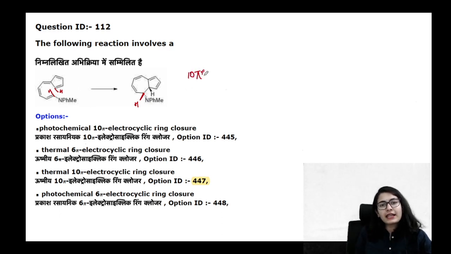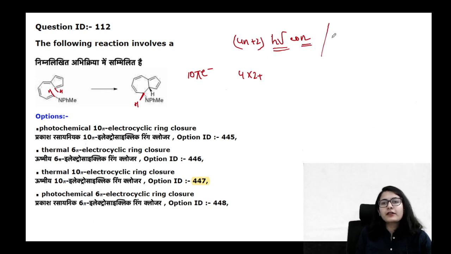Guys, 10 pi electrons classifies into the 4n plus 2 pi electron system, right? 4n plus 2 is photochemical conrotatory, and 4n plus 2 thermal disrotatory motion. This is the rule from the Woodward-Hoffmann rule, right? So 4 into 2 plus 2 gives you 8 plus 2, 10 pi electrons.